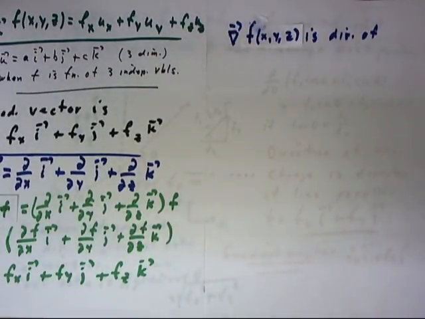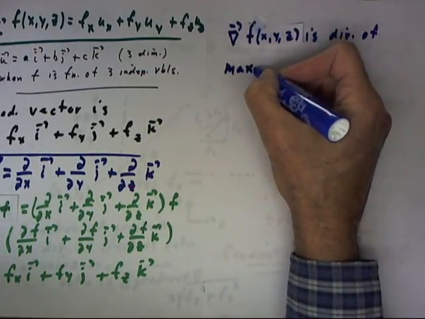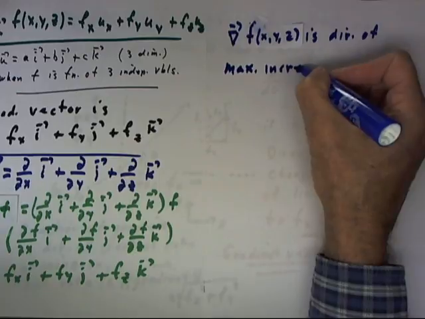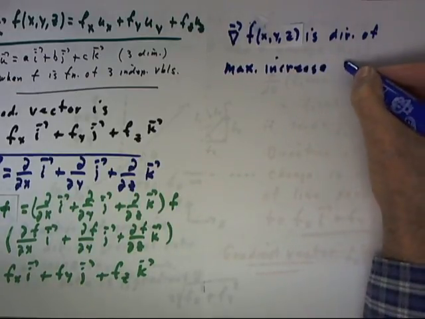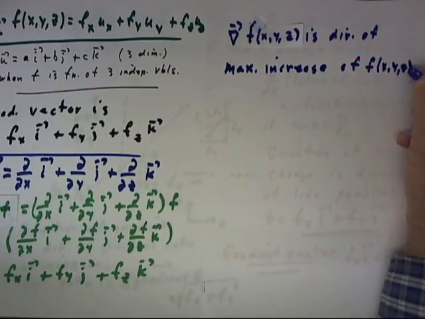So let's go ahead and correct that. Del f of xyz is the direction of maximum increase of the function f of xyz.